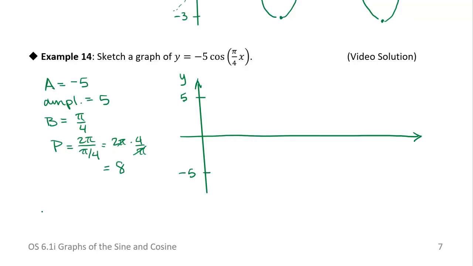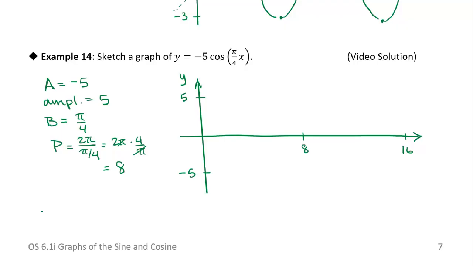And let's see, should we do 2 periods or should we just do 1? Let's do 2. All right, so the period is 8. So let's say this is 8, and then 2 periods would be 16. So I'm going to go about the same distance over here. So if I want to graph 2 periods, there we go. We marked out 2 periods.